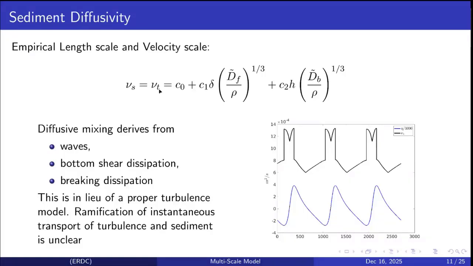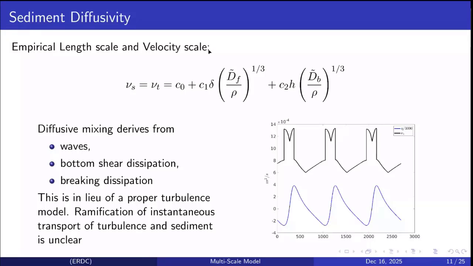We assume those two are equal, and it derives from an addition of three values. One's due to the waves, one's due to bottom shear dissipation and one's due to breaking dissipation. And those have three coefficients, so those make up the length scales. The length scales are the cube roots of the diffusivity or dissipation parts.